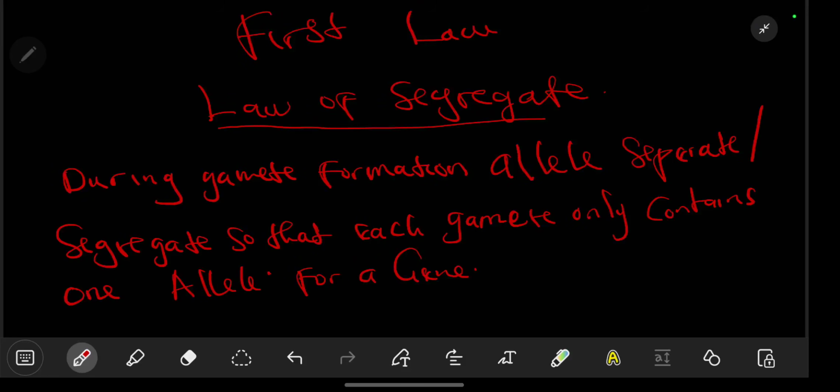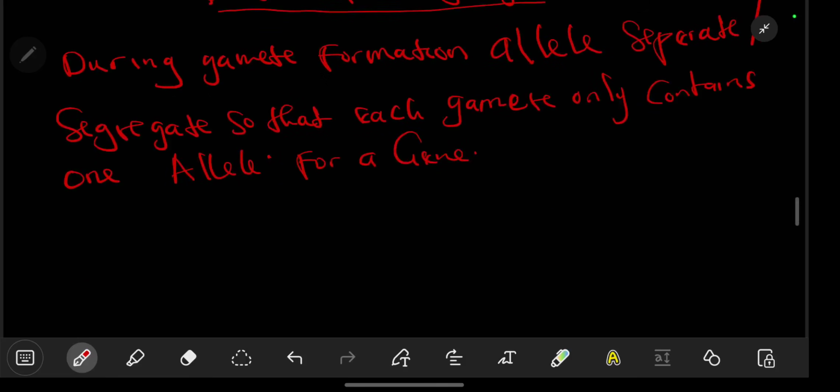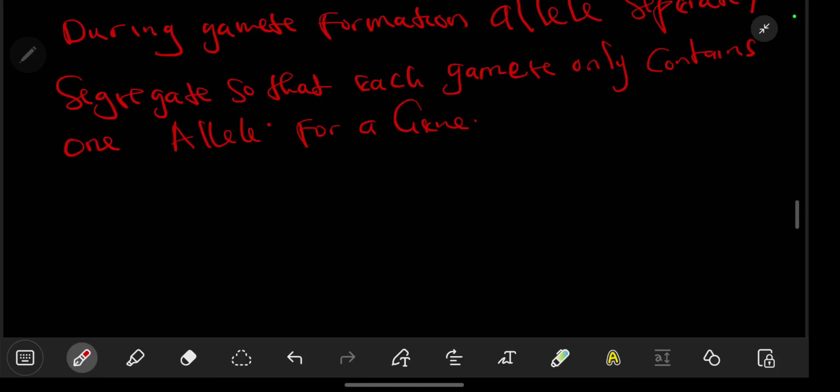So just as we have said, during gamete formation, alleles separate or segregate so that each gamete only contains one allele for a gene. For example, let's say we have a trait such as height. Let's say the garden peas are tall. We might have two letters, T and a small letter t.